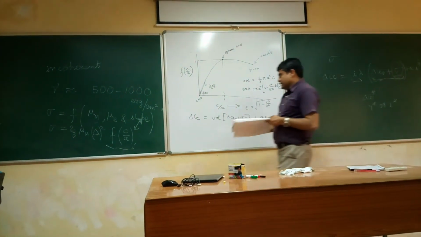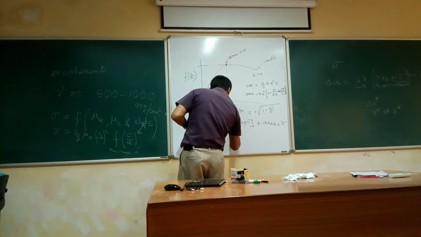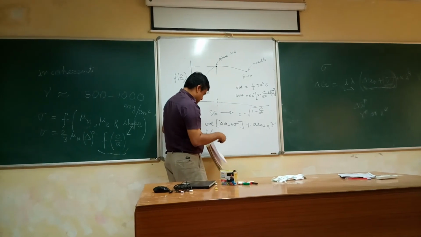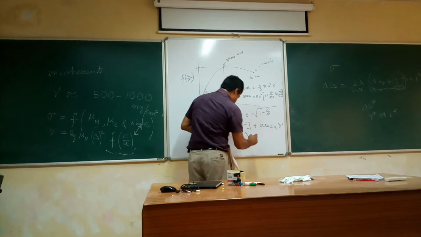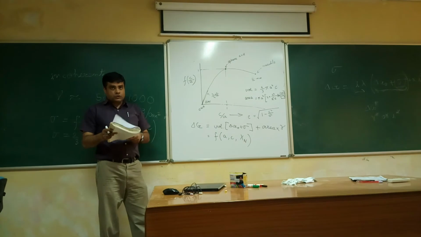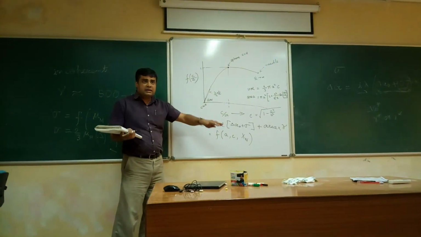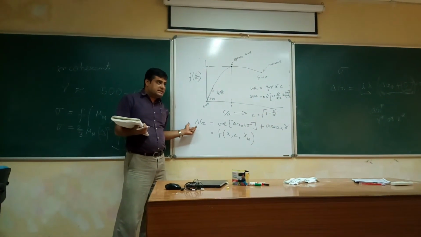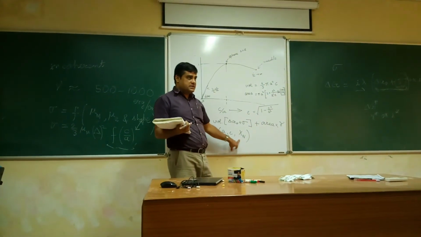Now that is a function of A, comma C, because sigma is a function of A and C, and also your composition. So this delta G is a surface in 4 dimensions. Delta G is a function of these 3 variables, A, C and composition.